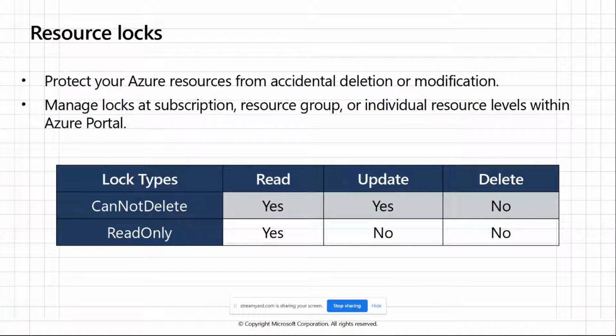But if you give it as read only, then you will be able to just read it. You will not be able to update it as well, and you will not be able to delete it as well. So these kinds of locks will help you prevent resources from being modified or deleted accidentally.